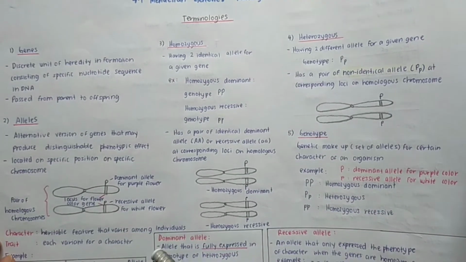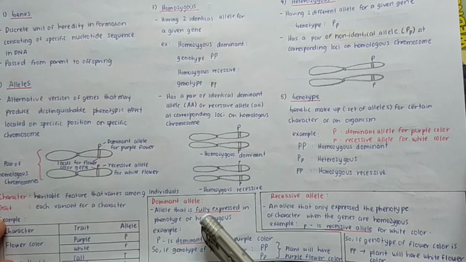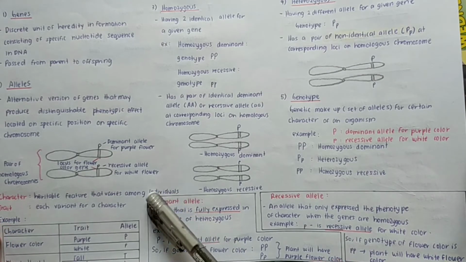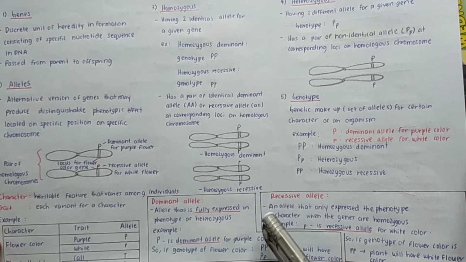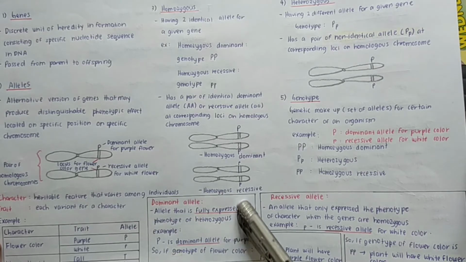So that's why if you look at the alleles, kita boleh tengok dekat sini, we can divide into two, either the alleles are dominant allele or recessive allele. So how to differentiate? Untuk dominant allele, it is the allele that is fully expressed in the phenotype of heterozygous.